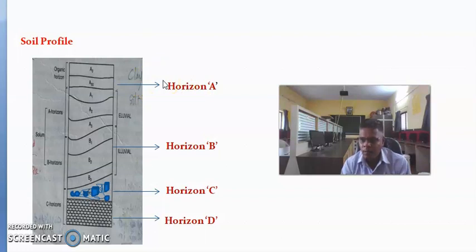Horizon A is further divided into A0, A00, A1, A2 and A3. Here we see the A00. There is undecomposed organic matter.